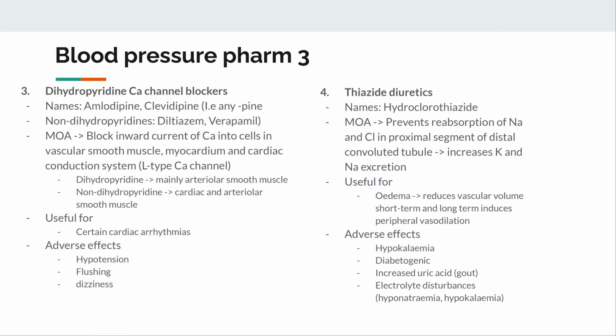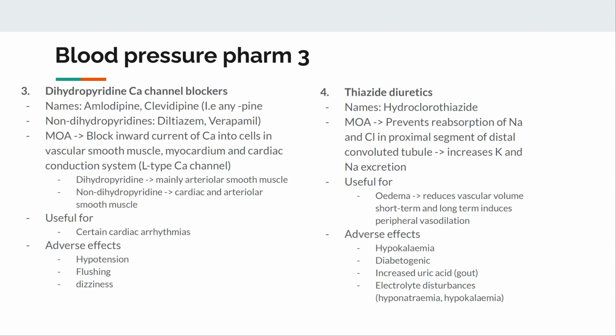So now let's talk about your dihydropyridine calcium channel blockers. Some of these are amlodipine, clevidipine, anything that ends in pine. I will just flag here, there's another class of calcium channel blockers called non-dihydropyridines, and these are something like verapamil, diltiazem. The reason why you have two classes is it actually depends on where they're working.